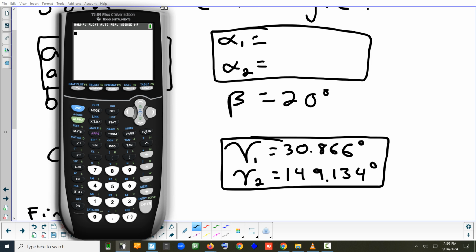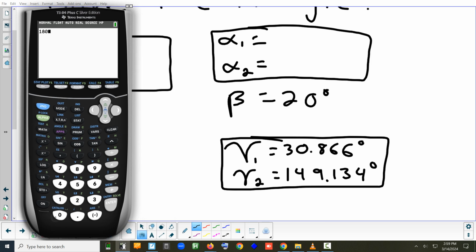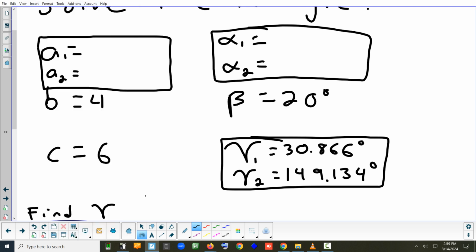All right, so to find alpha 1, what would I add together and then subtract from 180? 30.866 and 20, and then subtract that from 180. Yep, so 30 plus 30.866, add those together and subtract from 180, and that is alpha 1, 129.134.